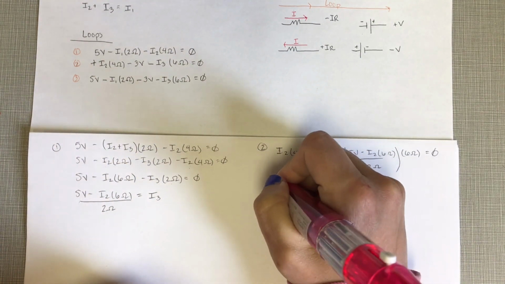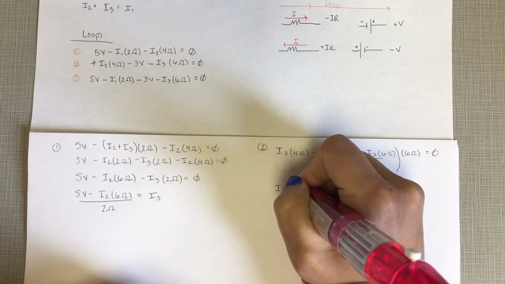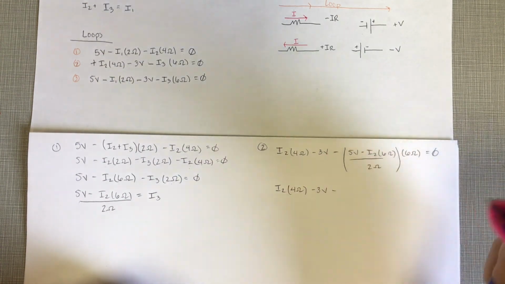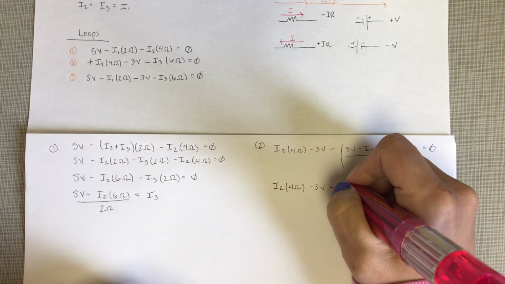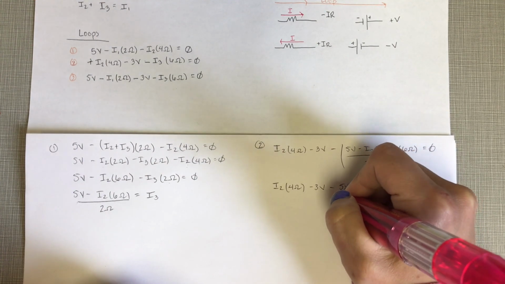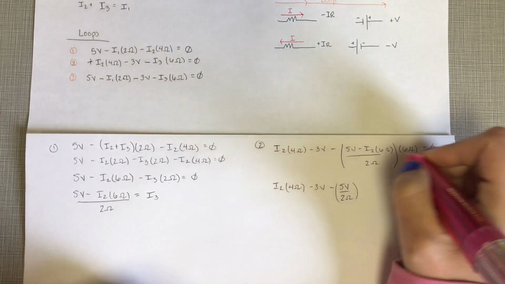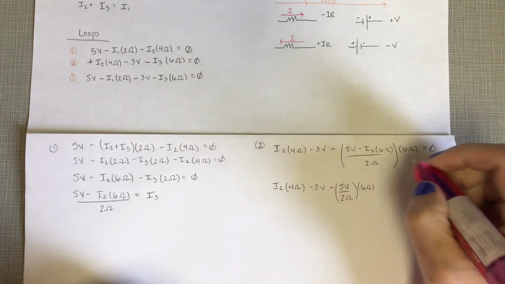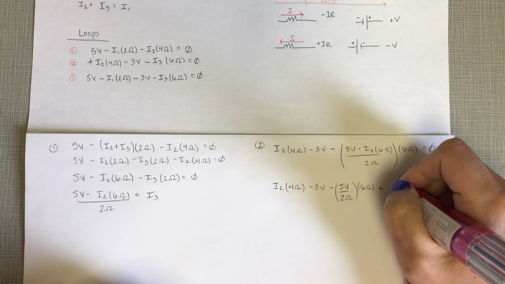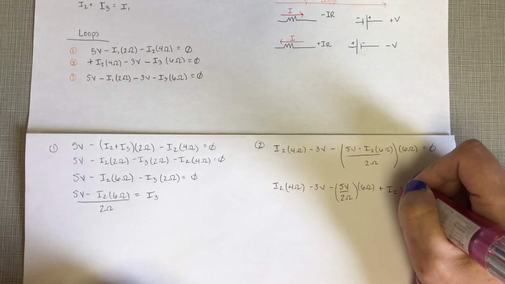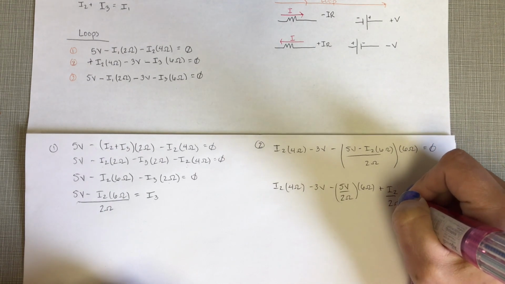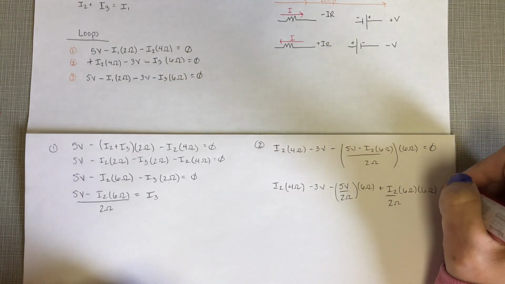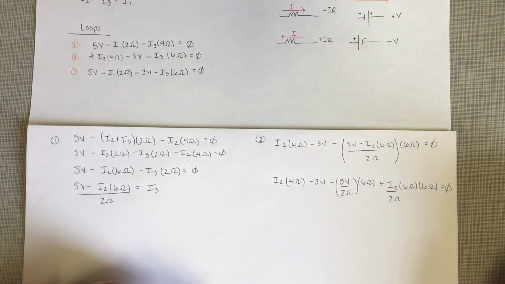So I'm going to pull these all apart: I2 times 4 ohms minus 3 volts minus 5 volts over 2 ohms times 6 ohms, minus a minus, so that's plus I2 over 2 ohms times 6 ohms times 6 ohms, is equal to 0.